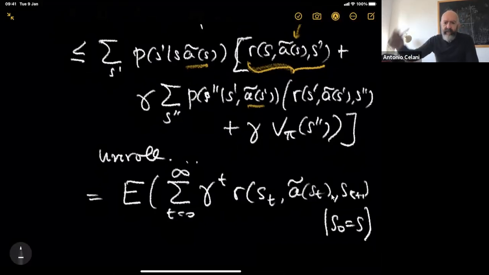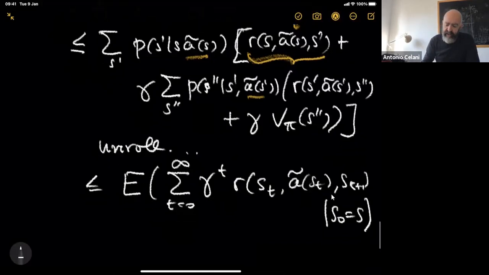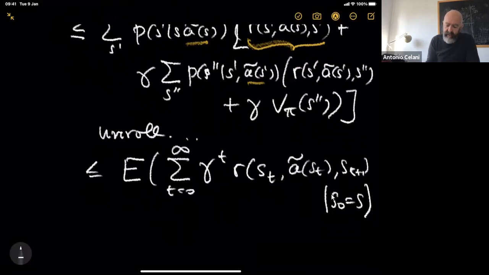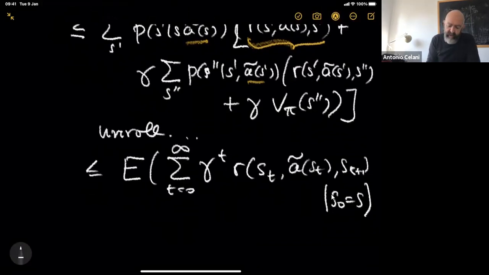Just by repeating this unrolling of the inequality, eventually this will be less or equal than the sum of everything. But this object here is the value taken according to the greedy policy. So this is G of pi prime.